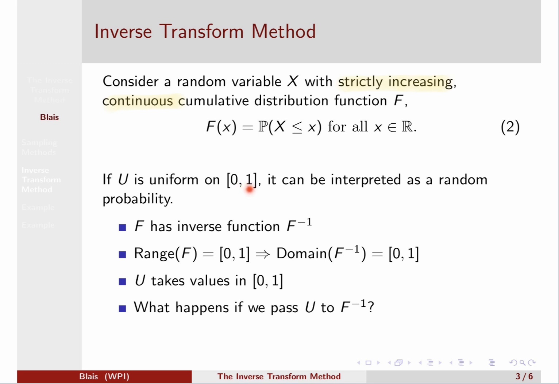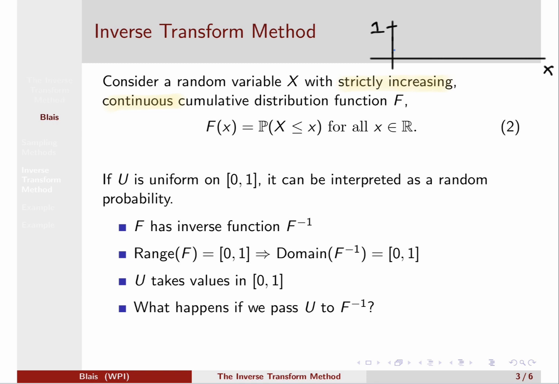So we can think of it like a probability, but we can think about it like a randomly selected probability. Now, because our CDF F is strictly increasing and continuous, it's a nice CDF, it has an inverse. So it has the inverse function, we'll call it F inverse. And note that a CDF has a range of 0, 1. A CDF gives you probabilities.